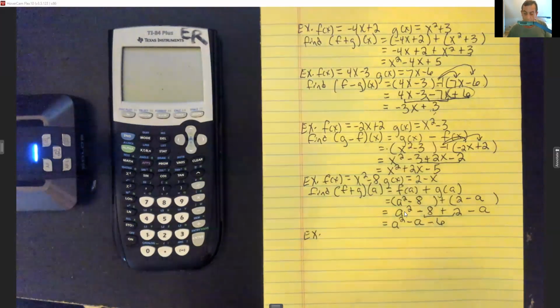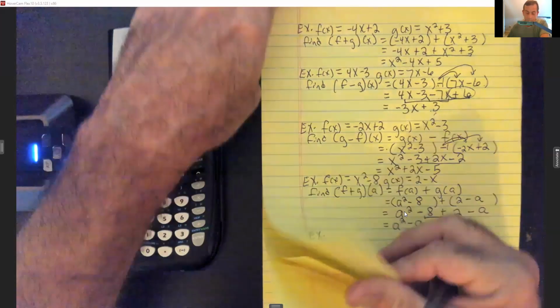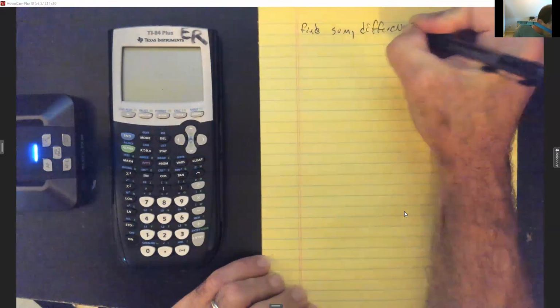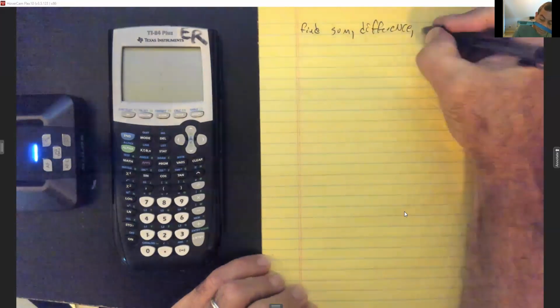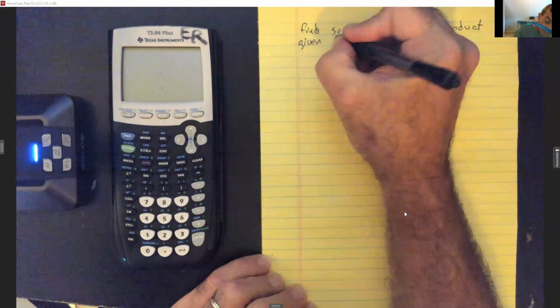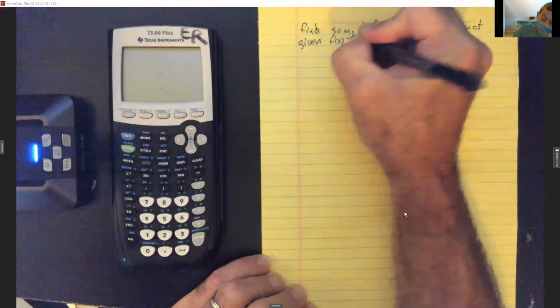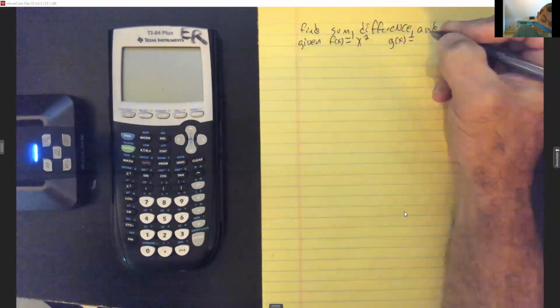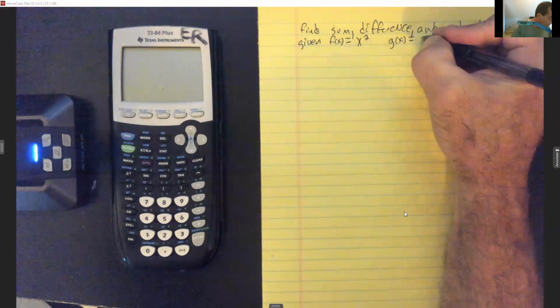All right, so let me get another page because this last one I'm going to do says for the pair of functions f and g, we're going to find the sum, difference, and product given f of x equals x squared, and g of x is going to equal 3x minus 10.